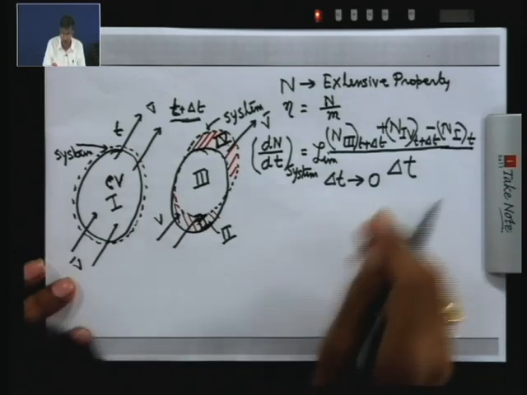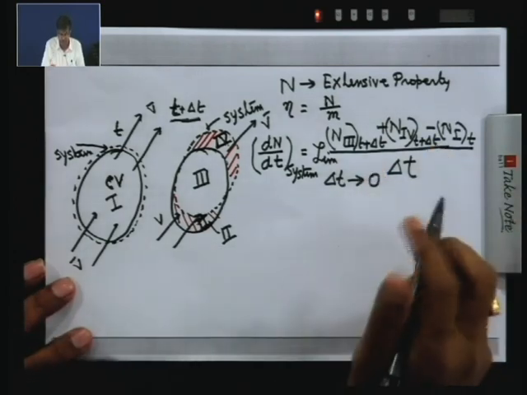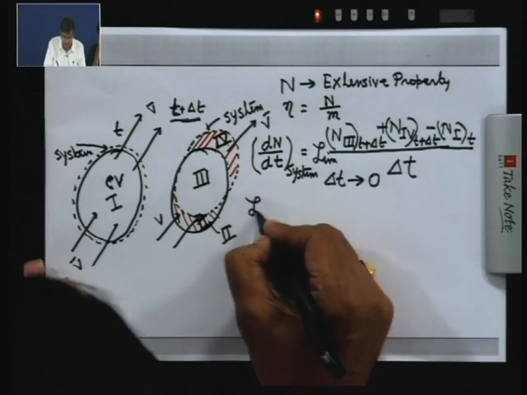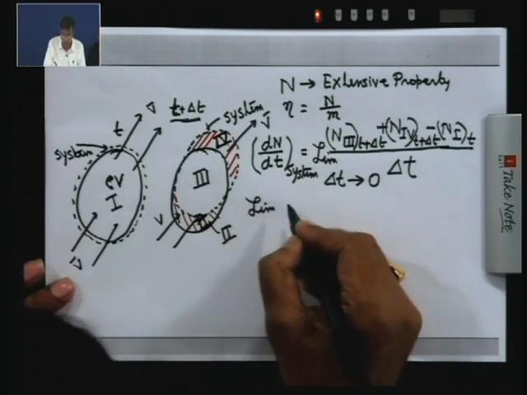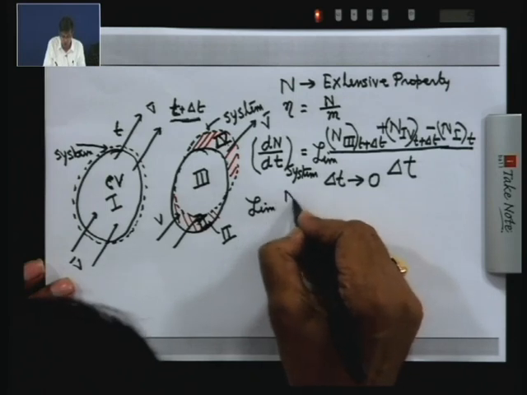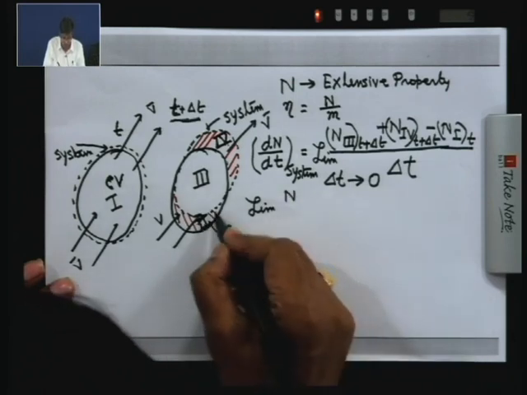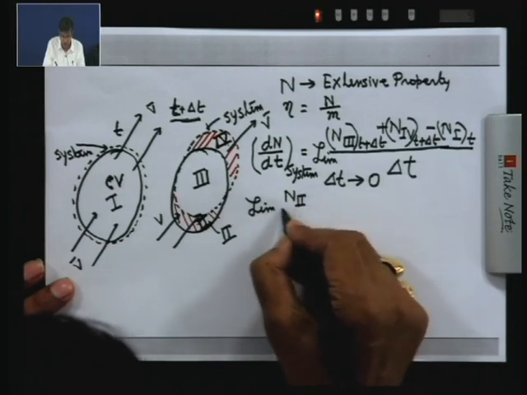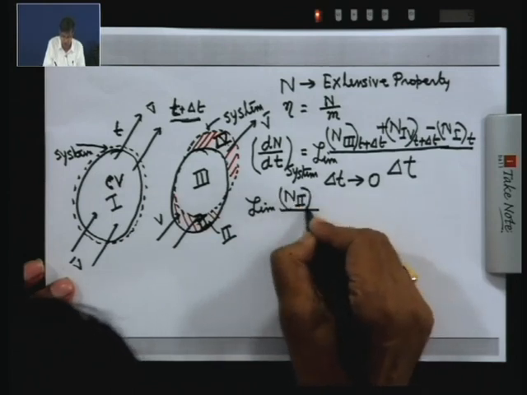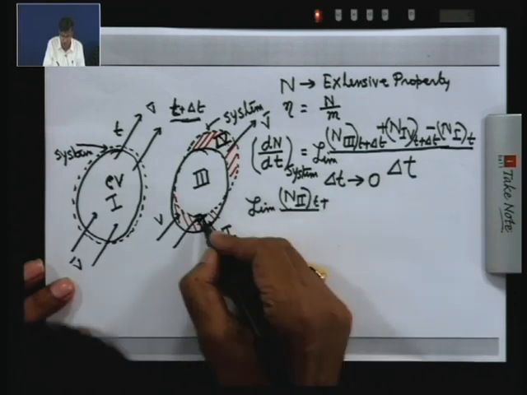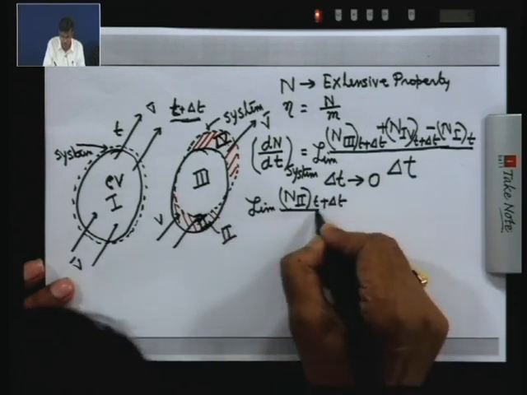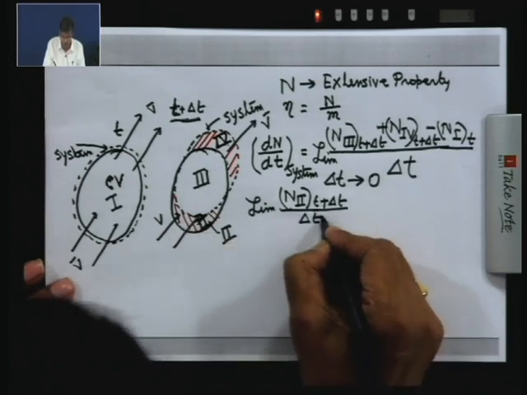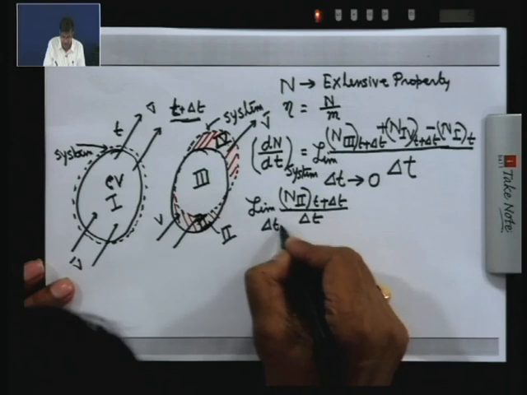Now I make a very simple algebraic manipulation on the right hand side. I add and subtract this N2, this intercepted volume N2 at time t plus delta t, because this volume is created at time t plus delta t because of the movement of this system, divided by delta t as delta t tends to 0.